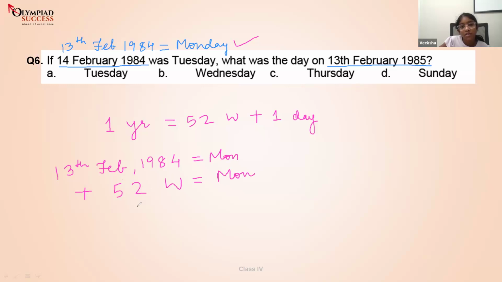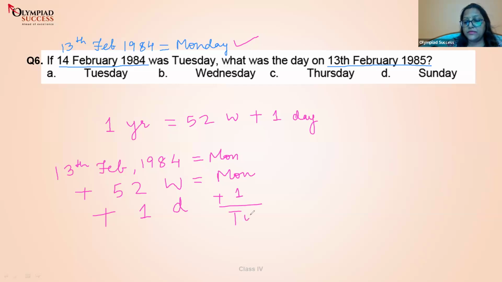But wouldn't it still be Tuesday? Yes, that's correct. You just have to add 1 more day to it because you are left with 1 day. So 52 weeks, you got Monday. Here, if you add 1 day, which is Tuesday. Okay. So why did we add this?